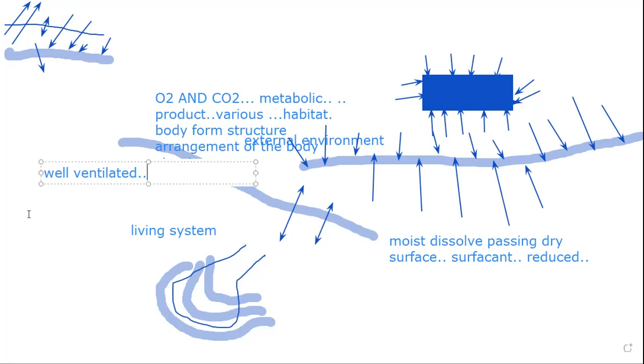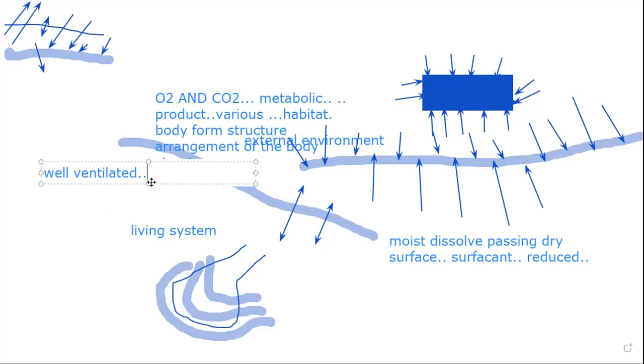If we have a moist respiratory surface, a large surface area, a well vascularized surface, a thin respiratory surface, but we are closed inside a vacuum where there is no oxygen, then no breathing is going to take place, no exchange is going to take place.